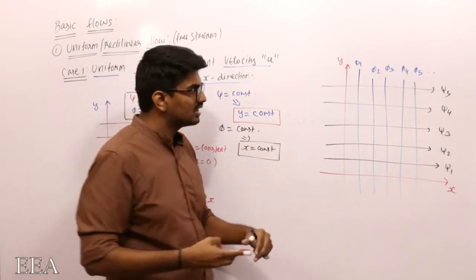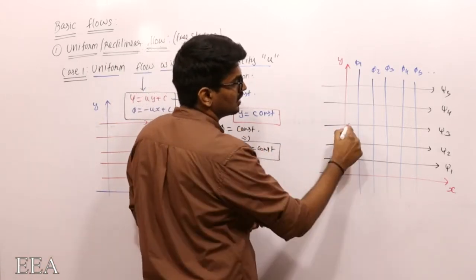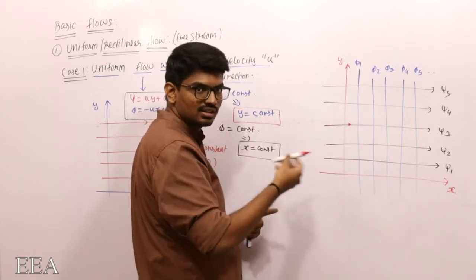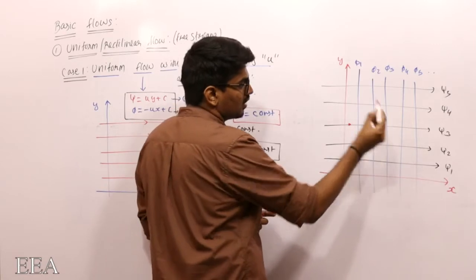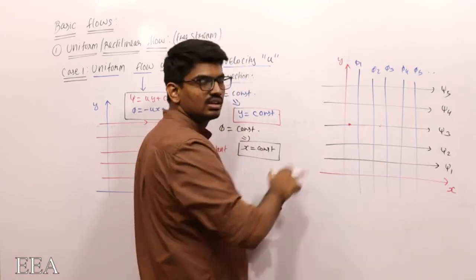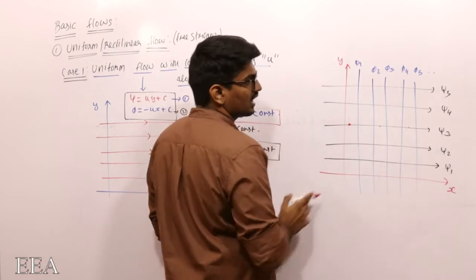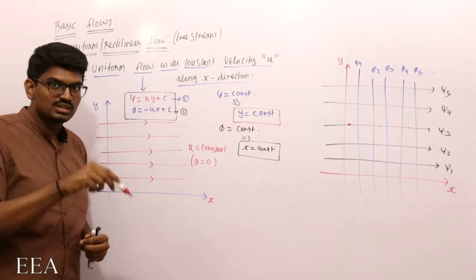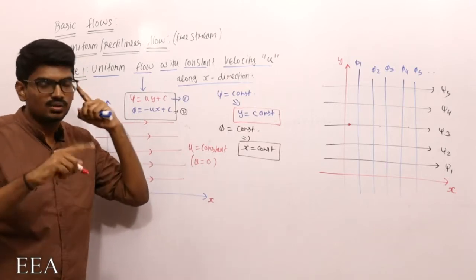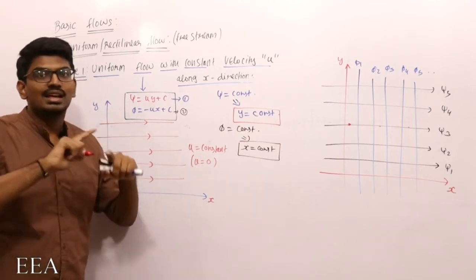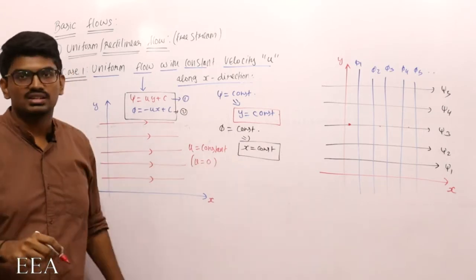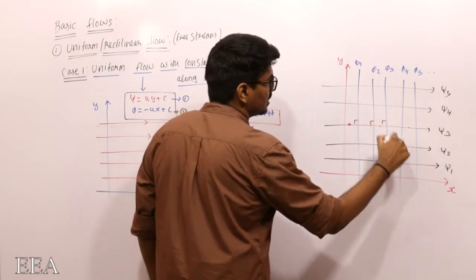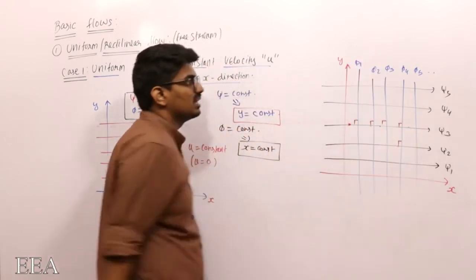Just think about this case. If I draw a tangent at this point, it is horizontal, representing its velocity vector. At this point again, horizontal, representing its velocity. Again, horizontal. So that is why I am using an arrow mark to specifically mention the constant stream function line or streamline, and I am not using an arrow mark for the equipotential line. And we already know that equipotential lines and streamlines are perpendicular to each other.